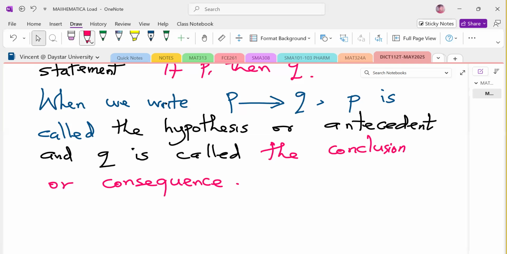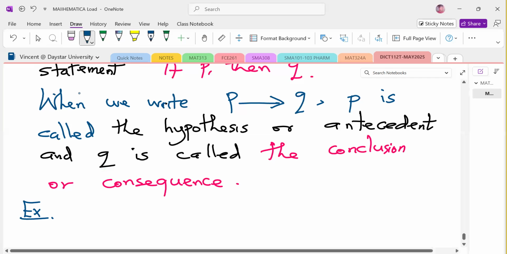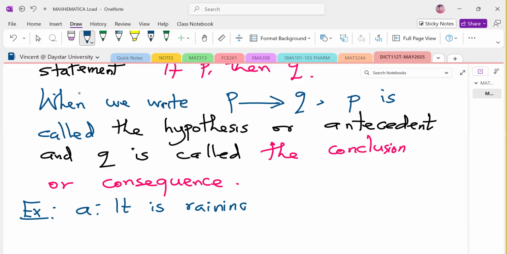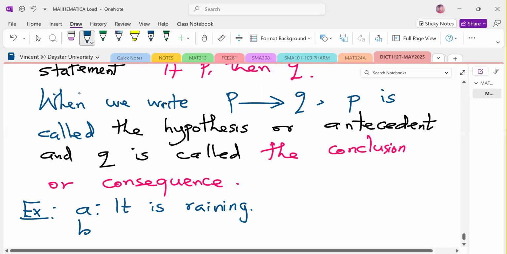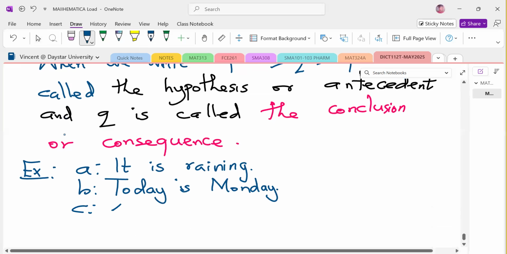So for example, I have a statement A: it is raining. I have a statement B: today is Monday. I have a statement C: 4 plus 6 equals 10.